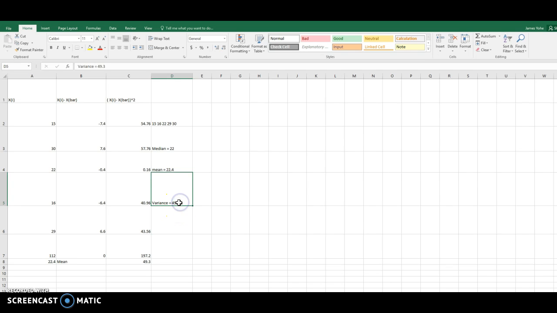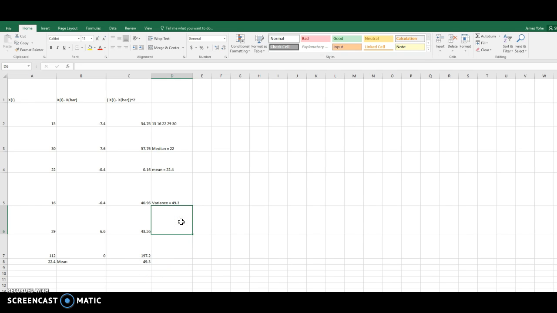The higher this variance is, the more loosely compacted our data is about the mean. The lower that number, the more tightly compacted the data is about that mean.